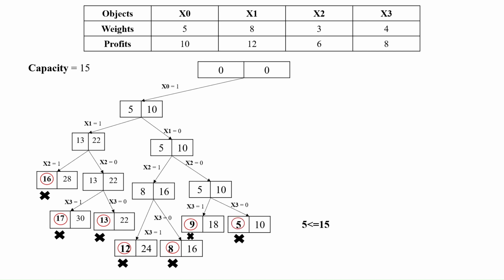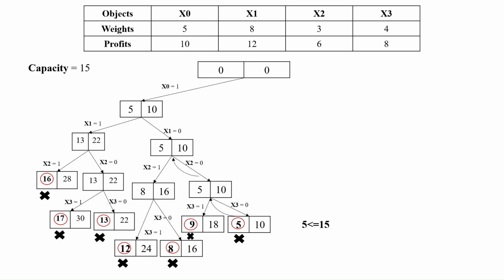That means we have to backtrack to its parent node. In the parent node, we can observe that both child nodes have been done, that means considering the x3 object and not considering the x3 object. That means it does not have enough space to store an extra child node. So again we have to backtrack to its parent node.